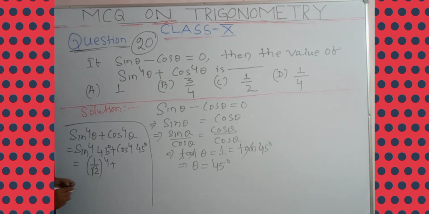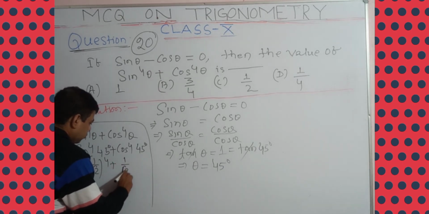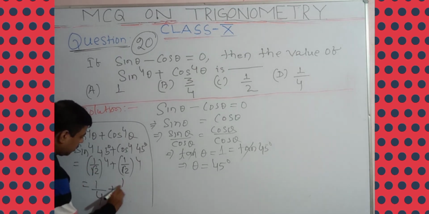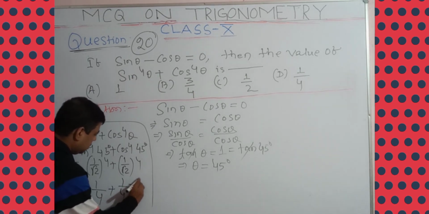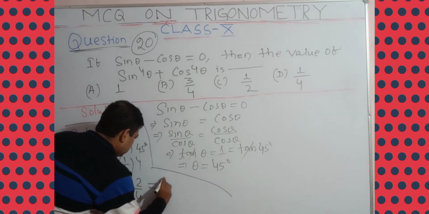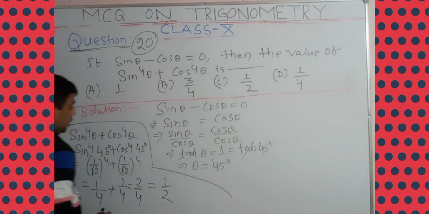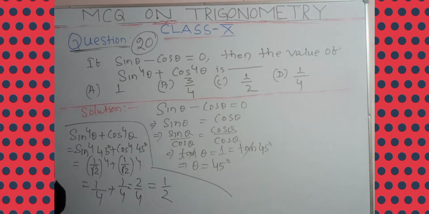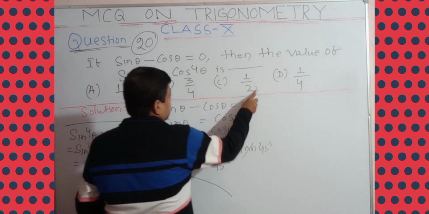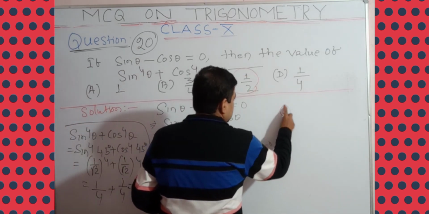Similarly cos 45 is 1 upon root 2, whole to the power 4. So 1 divided by root 2 whole to the power 4, root 2 and root 2 gives 2 to the 4, 1 upon 4, plus 1 upon 4. So it will be 2 upon 4, and this 2 upon 4 will be what? 1 upon 2, and the correct option is what? C is the correct option. Understand? So option C here.